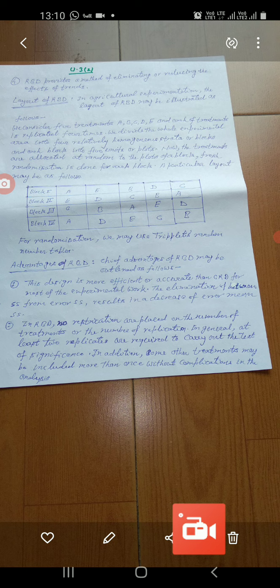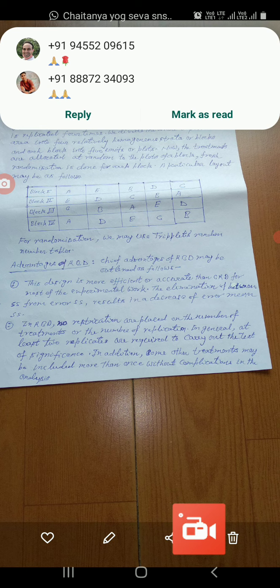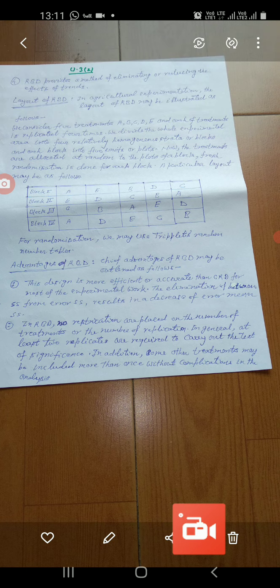Now the treatments are allocated at random to the plots of a block, and fresh randomization is done for each block. And a particular layout may be as follows.